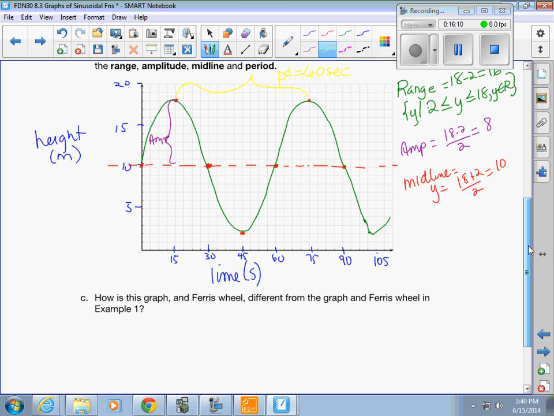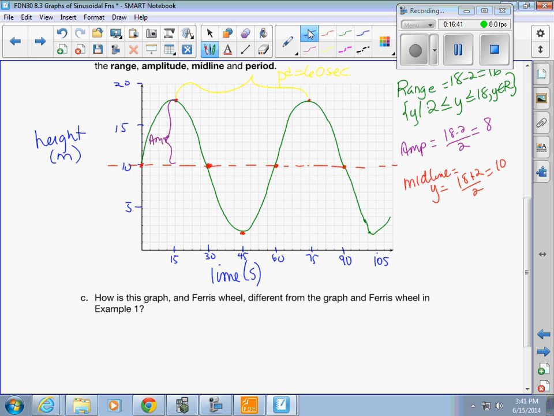So the last part says, how is this graph and Ferris wheel different from the graph and Ferris wheel in example 1? If you look at the first example, your amplitude was only 5. So you're going less meters off of the ground in the first one than in the second one.